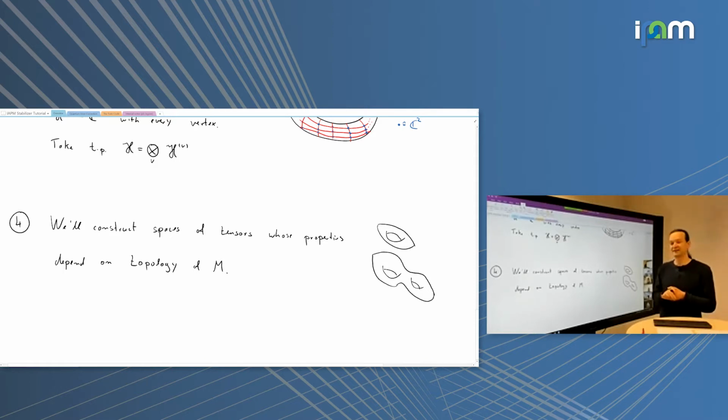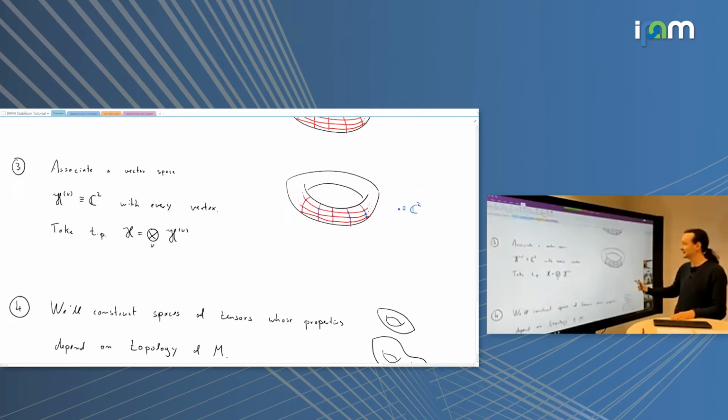And the indices take on a life of their own, and they have their own geometry and their own topology. And the tensorial properties, in the end, depend on the topology of the set of indices. And how that works, I want to get to by the end of my second lecture.